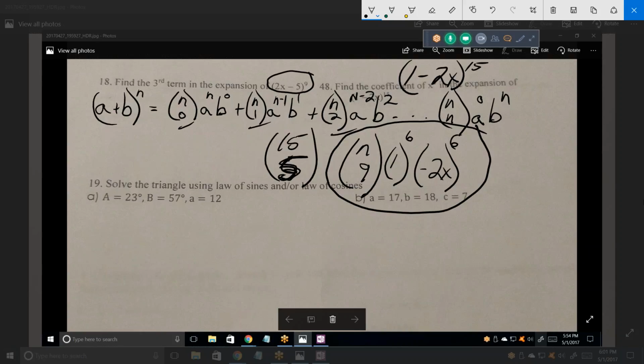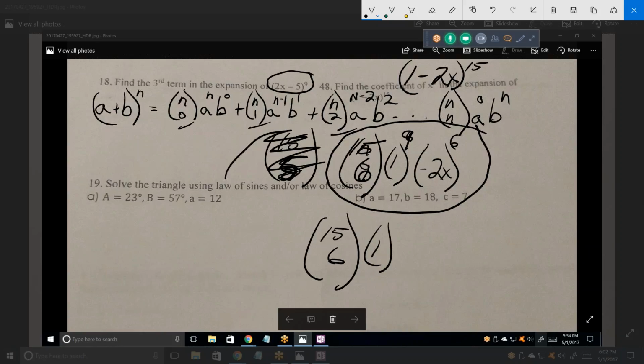Yeah, that's got to be that, so that it ends up being that. So, in other words, the term where x has an exponent of 6 is this term.